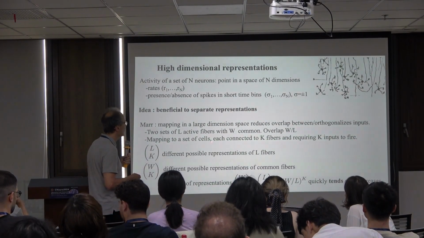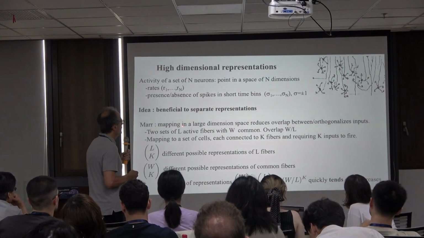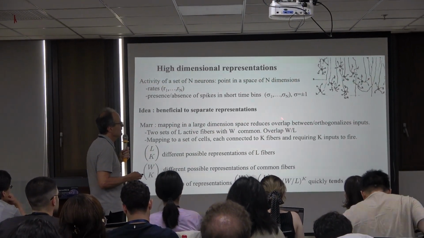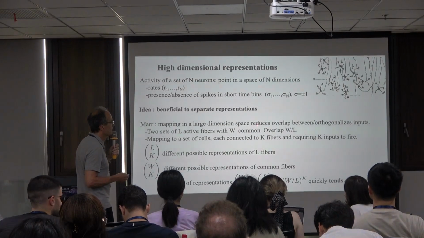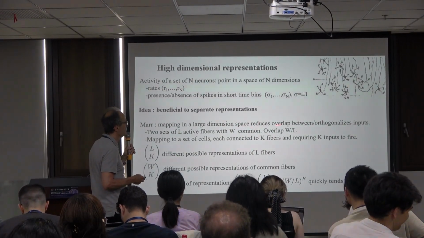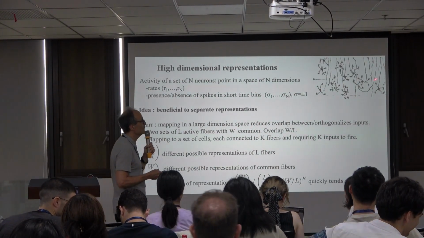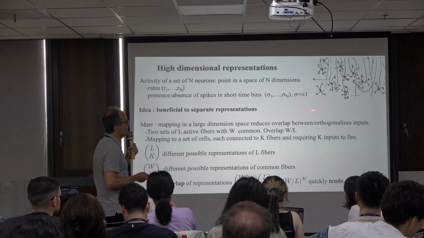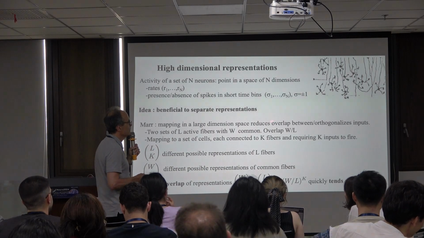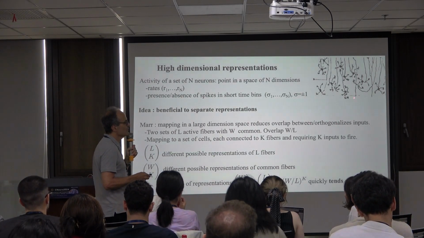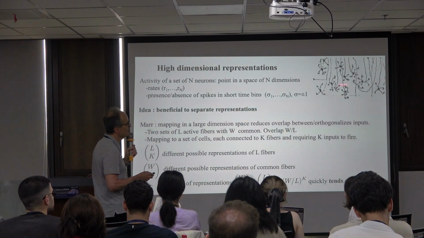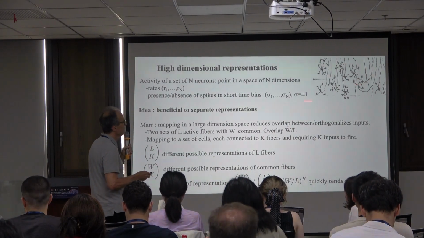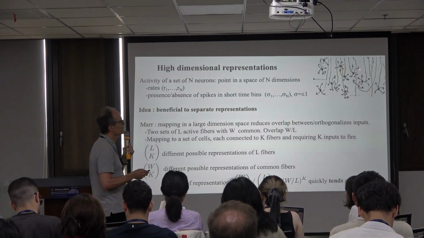Okay, so what is the reasoning? The idea was first proposed by David Marr. He says that if you go into a high-dimensional space, in some sense this will reduce the overlap between inputs. Inputs that have some overlap in the input layer will tend to be orthogonal if you go to a high-dimensional space.